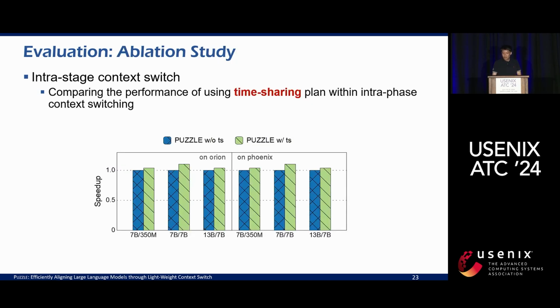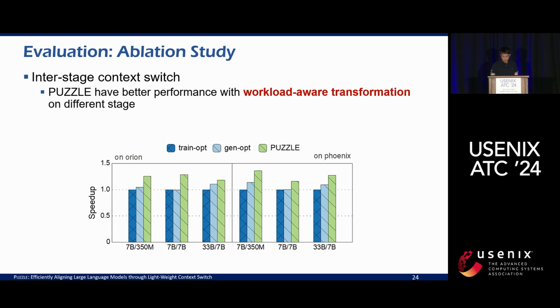To show the effectiveness of the time-sharing plan, we compare the performance of using time-sharing plan within an intra-stage context switching. Our findings show that this plan can improve context switching performance within a stage, and it achieves a performance improvement of up to 1.12 times.